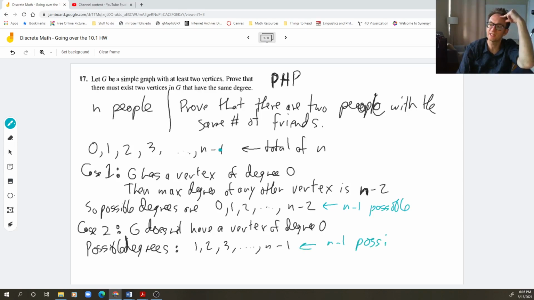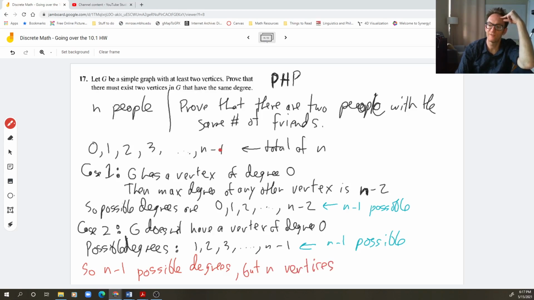So in both cases, we have n minus 1. I'll just write, so the conclusion is there are n minus 1 possible degrees, but n vertices.